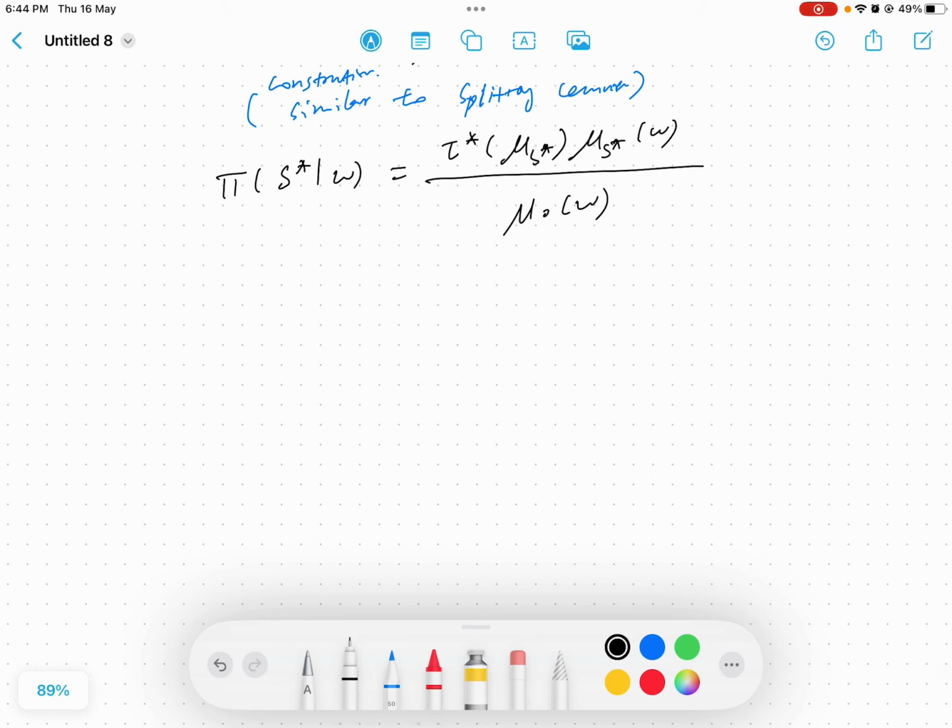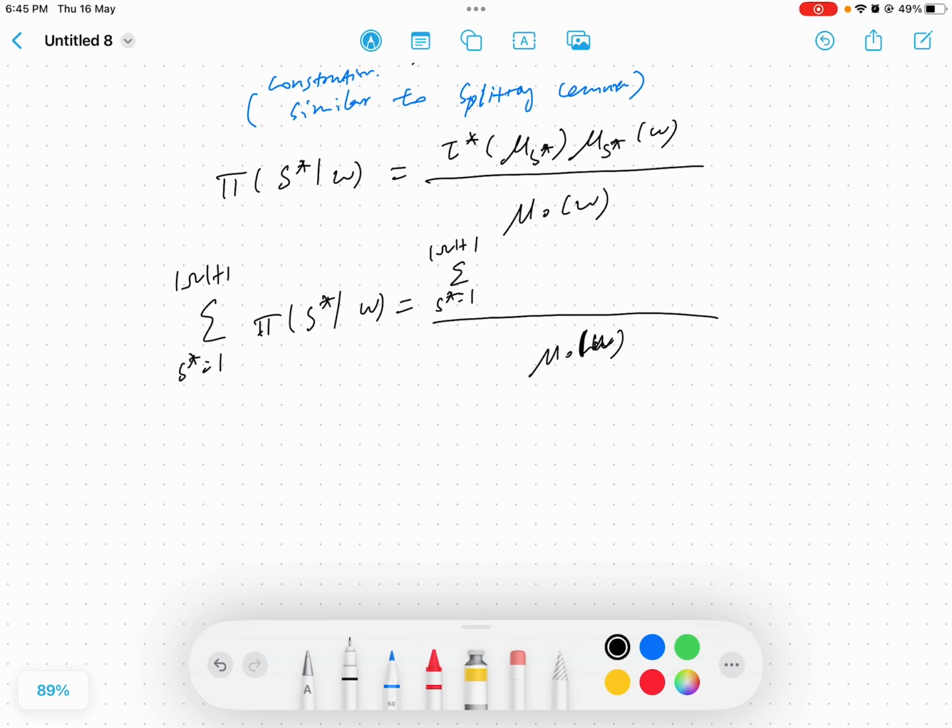We just sum over all the S stars from 1 up to this; the denominator is the same, we just sum over the numerators, tau star, and then we can verify that this equals 1.